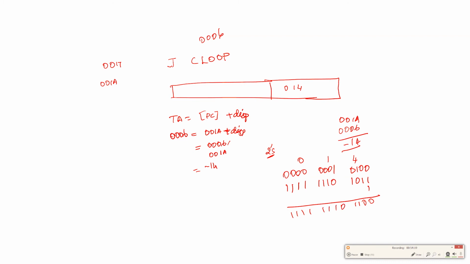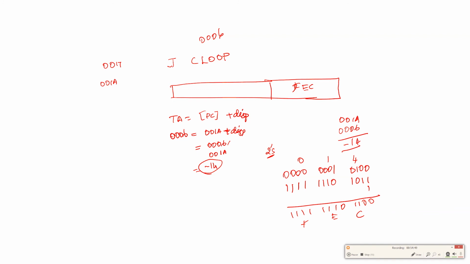Now you can see this is 8, 4, 2, 1. 1111 is 15, which is F. This is 14, E. And this is 8 plus 4, 12, C. So 014 is converted into FEC. When you get a negative value, you have to convert that negative value into 2's complement.